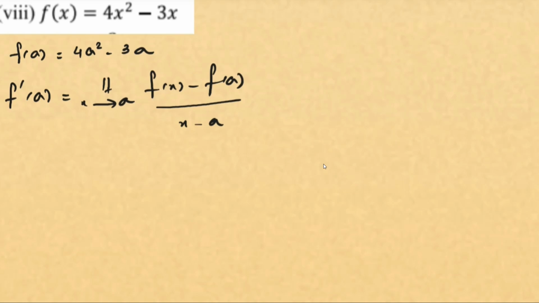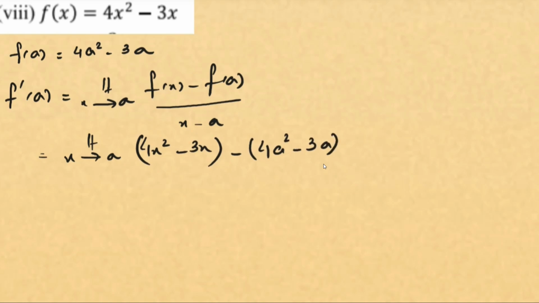Now f of x is 4x square minus 3x, and f of a is 4a square minus 3a, divided by x minus a.